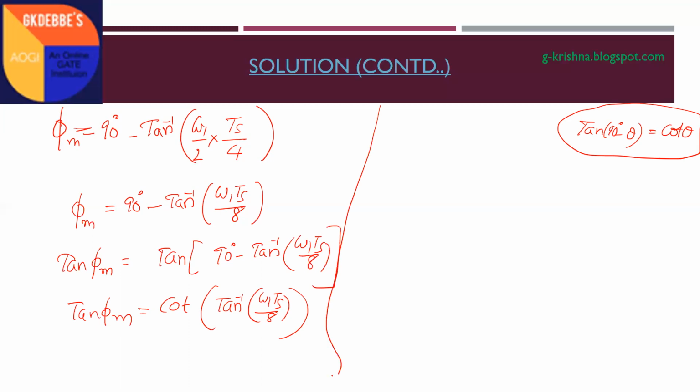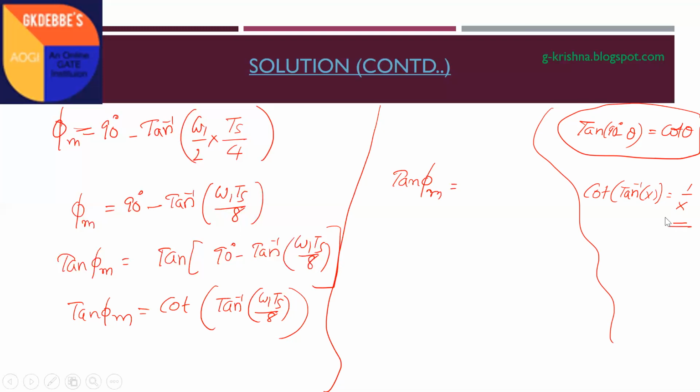The next step: tan of phi m is equal to cot of tan inverse of x, which is 1 by x.